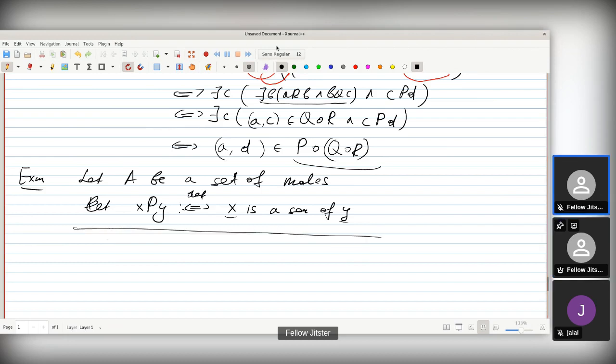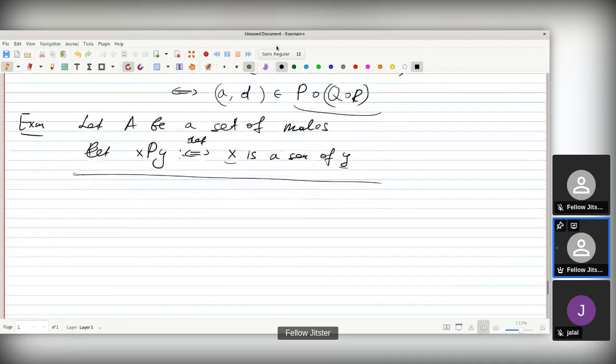Yes. So let us interpret some algebraic operations in layman terms, in terms of being a father, being a brother, or whatever. What does it mean that P converse Y, or YPX?